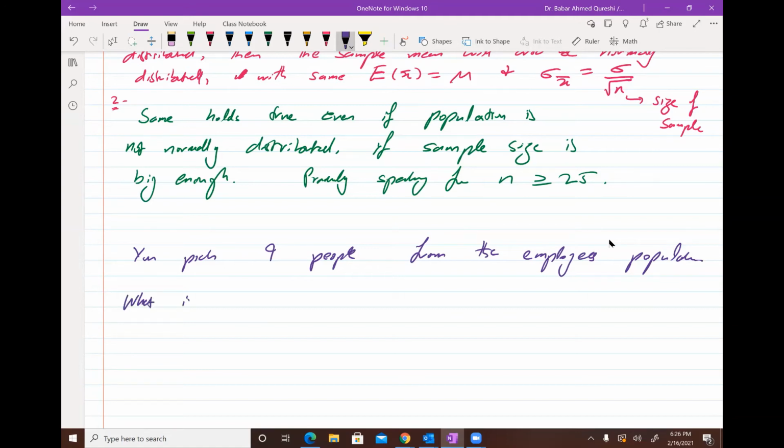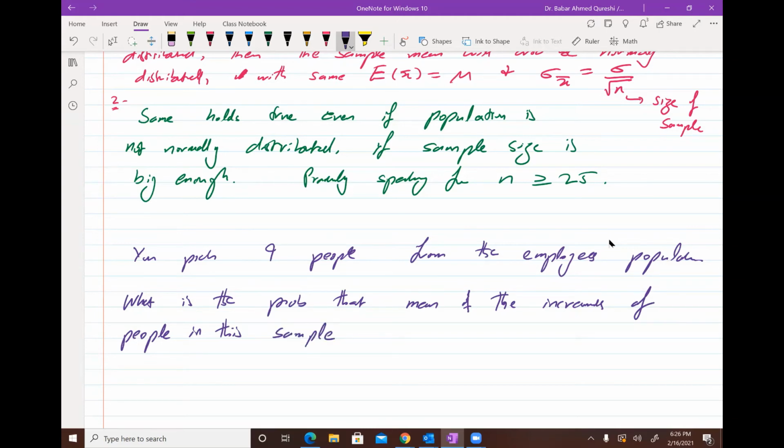What is the probability that the mean of the increments of people in this sample, so you randomly picked 9 people and you noted down the increments and you computed their mean, is greater than, let's say again, 15%.